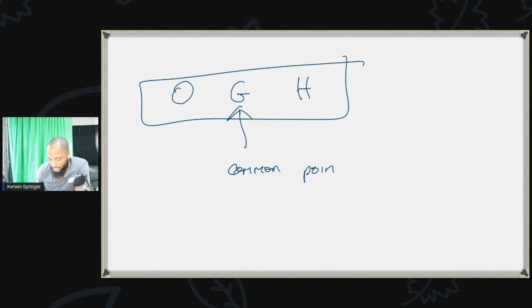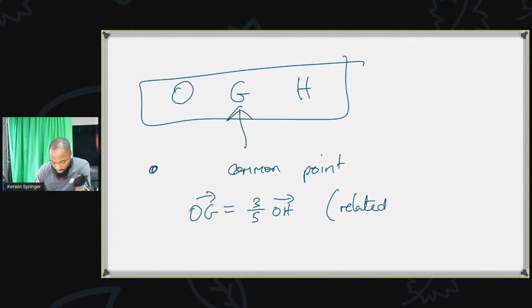I need to show that OG is equal to 3/5 of OH, which we just showed. So they are related by a scalar factor. You get 1 mark for that, and 1 mark for this. Related by a scalar factor just means that they are parallel.